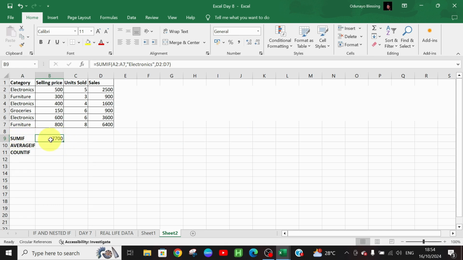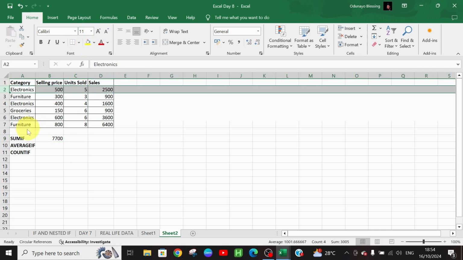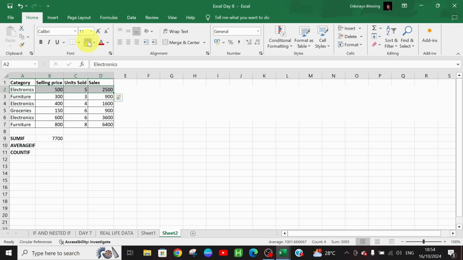So the SUMIF is 7,700. To confirm, let's highlight the data that we just worked on and do a manual check of the electronics figures.